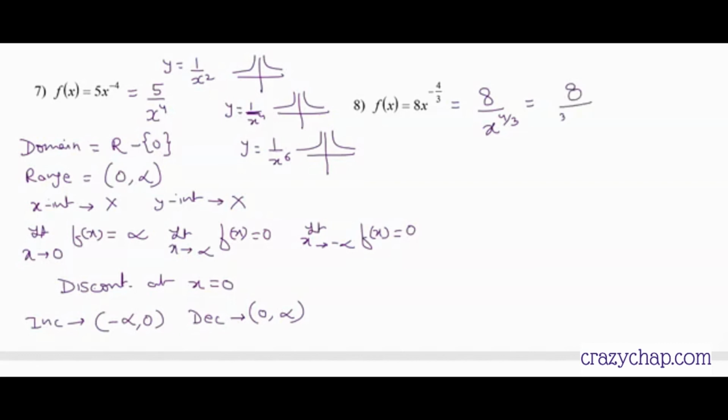Guys, please understand. Let me rewrite it nicely. Now this x to the power 4 over 3 can be written as x to the power 4, whole to the power 1 over 3, right? And that is 8 over the cube root of x to the power 4.